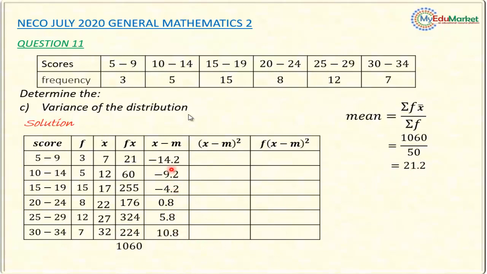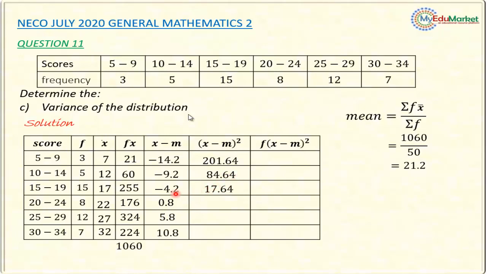So this is my deviation, that is x minus m. So I'm going to square all those values here to get x minus m squared, that is the square of the deviation. So minus 14.2 raised to the power of 2, that result is going to be 201.64. Minus 9.2 raised to the power of 2 will now be 84.64.